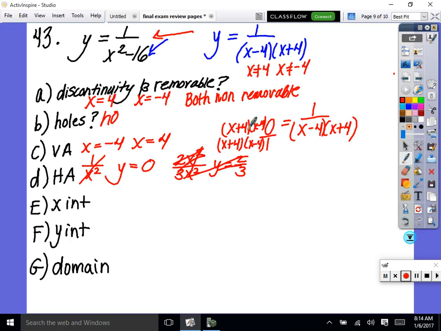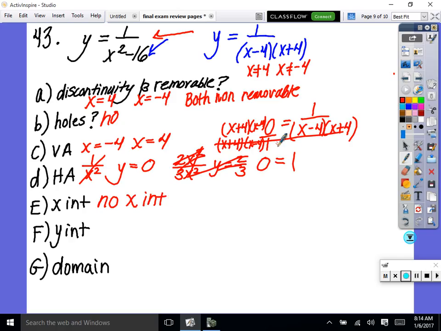Then 0 times anything is 0. So we have 0 equals, and now we're just focusing on the top. 0 equals 1, because we got a common denominator, we're solving. Now notice the variable went away, we don't have anything to solve for. So that's not a true statement. So there are no x-intercepts.